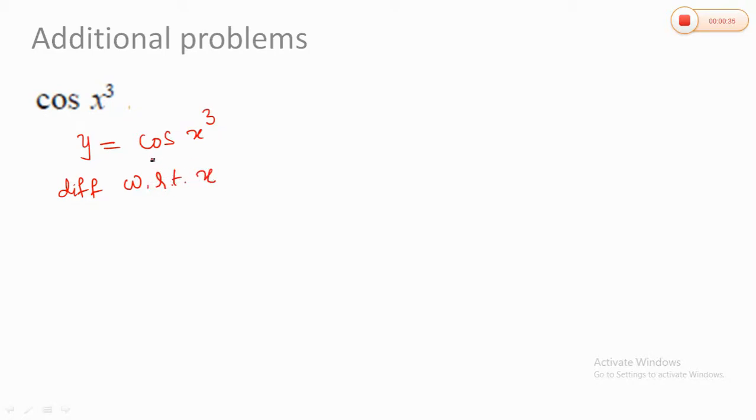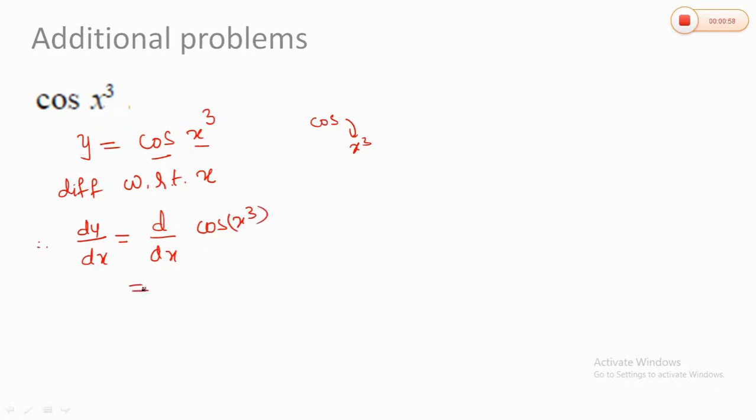Here cos is one function, x cube is one function. So first we have to differentiate cos, then differentiate x cube. Therefore dy upon dx equal to d by dx of cos x cube.